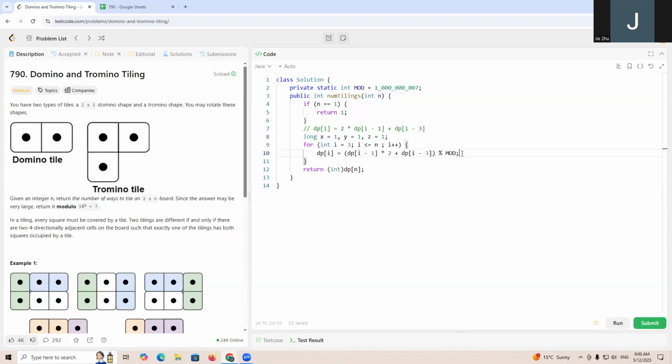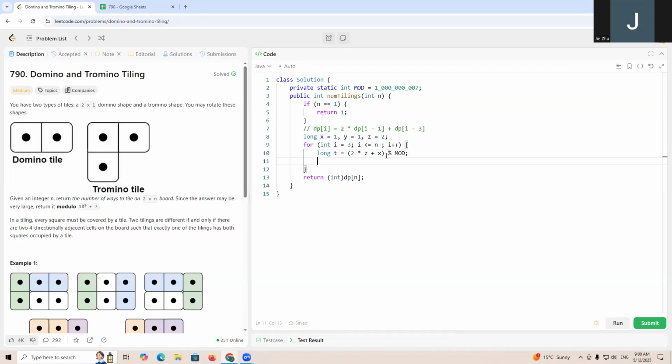Then we have long temp equals 2 multiplied by z plus x, where z is 2 when n equals 2, and mod.